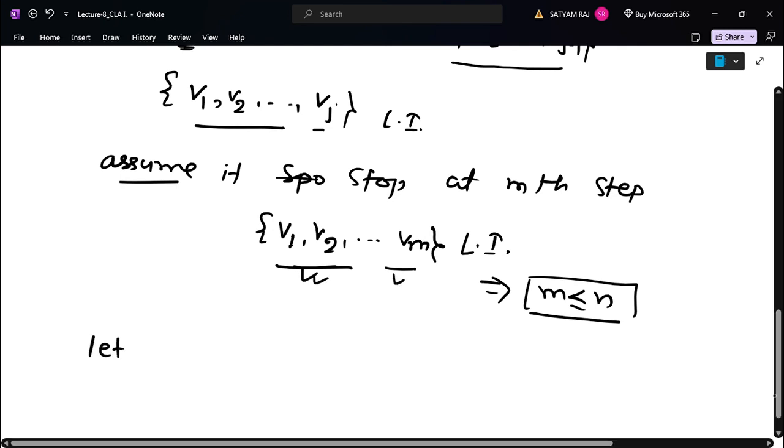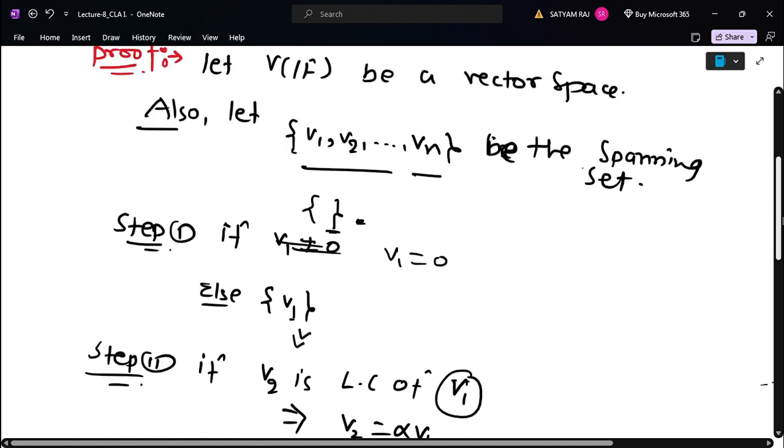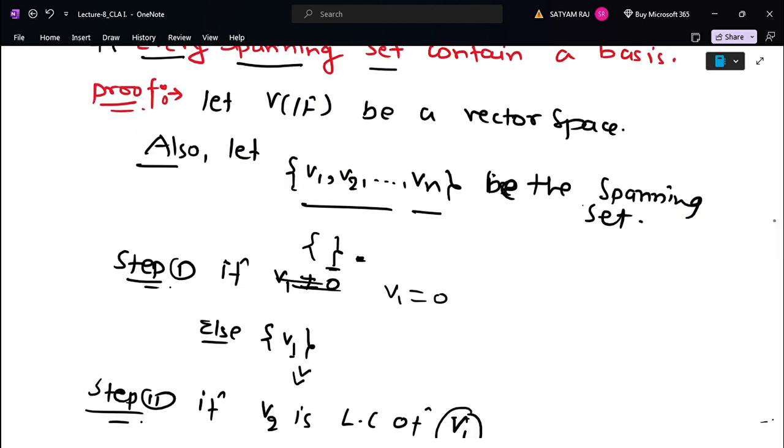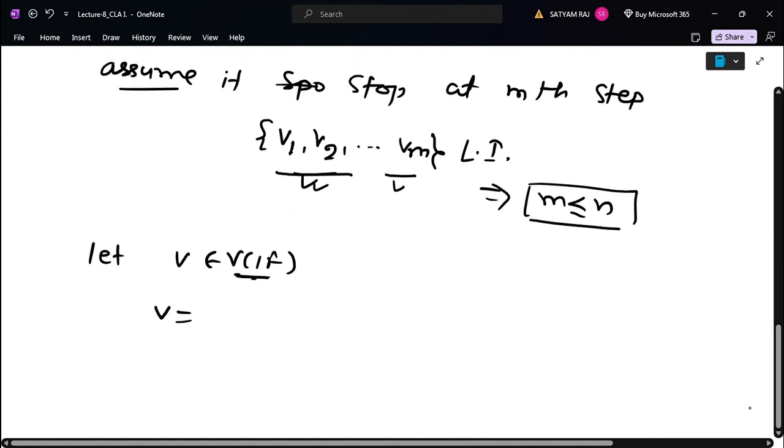So let v belong to V over F. We have a vector from the vector space V. Since v1, v2, ..., vn is a spanning set, it can span this vector. So we can write v as c1 v1 plus ... plus cn vn.